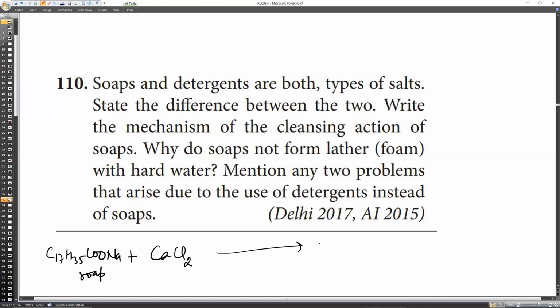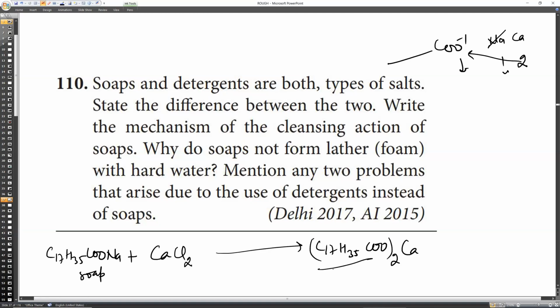Soap is the sodium or potassium salt of a long chain carboxylic acid, like C17H35COONa. When it reacts with the calcium salt, it forms (C17H35COO)2Ca, because the carboxylate ion has one valency, so with calcium or magnesium the 2 is multiplied with the bracket. It is insoluble in water, so it does not work.